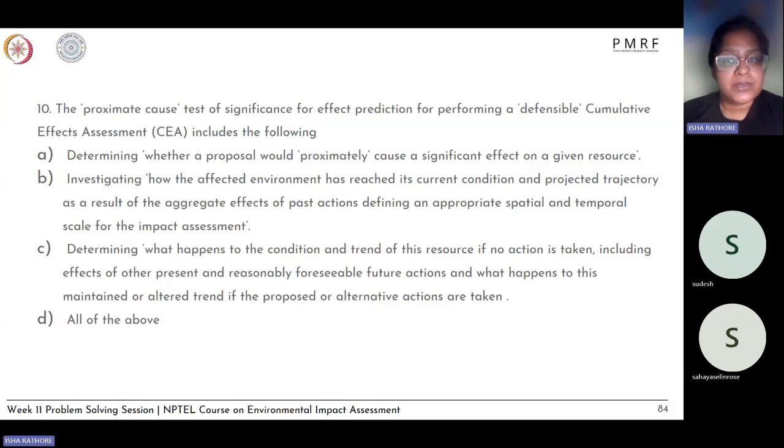C. Determining what happens to the condition and trend of this resource if no action is taken, including effects of other present and reasonably foreseeable future actions, and what happens to this maintained or altered trend if the proposed or alternative actions are taken. Or D. All of the above.